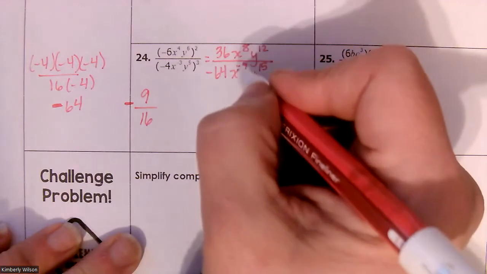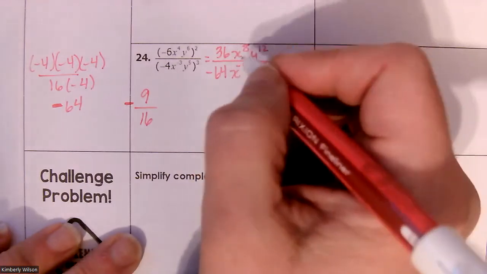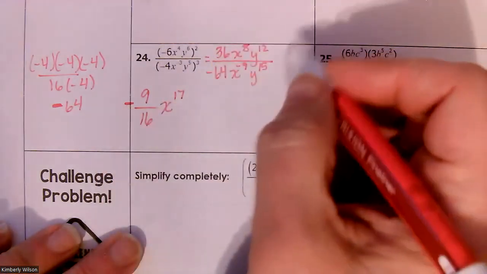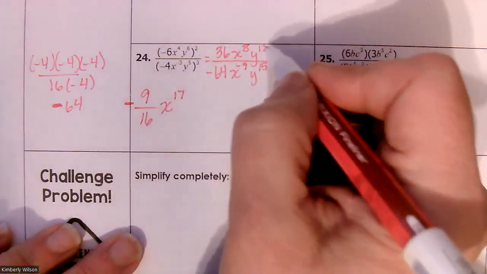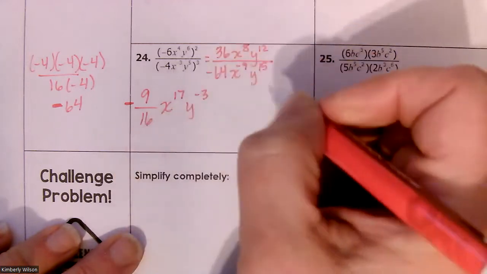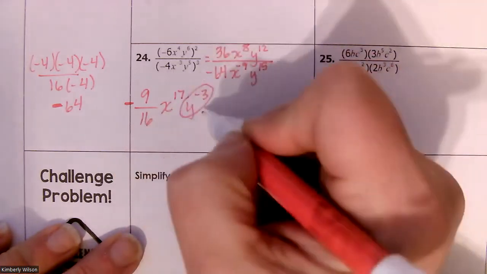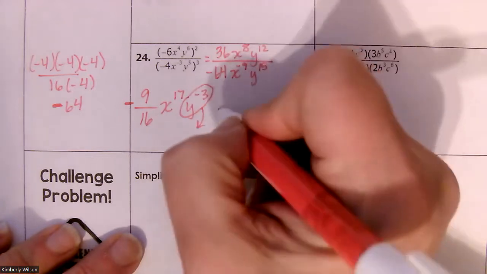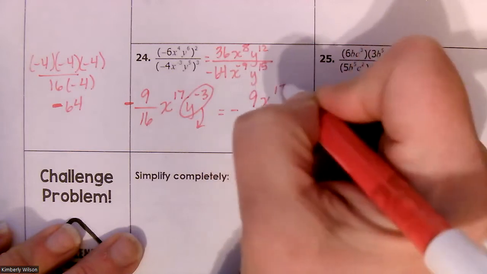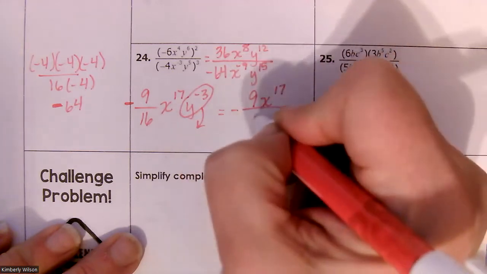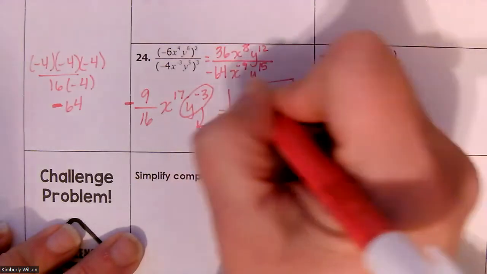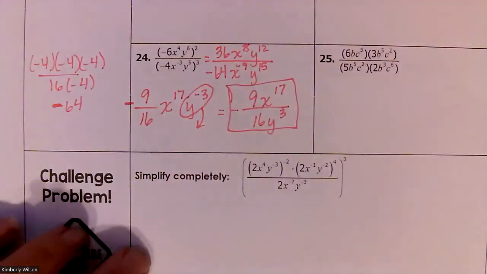And then we have 8 minus negative 9. So that becomes 8 plus 9. So we have x to the 17th. And then we have y to the 12 minus 15. So that's going to give me y to the negative 3. Well, the y is in a negative exponent, so it's moving to the bottom. So I'm going to have negative 9 x to the 17th over 16 y to the 3rd. This is your final answer.